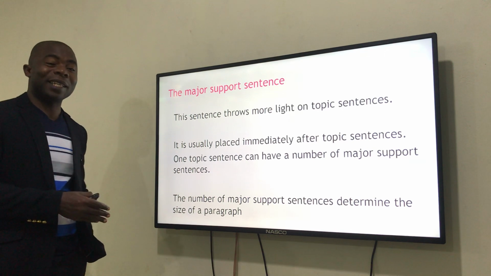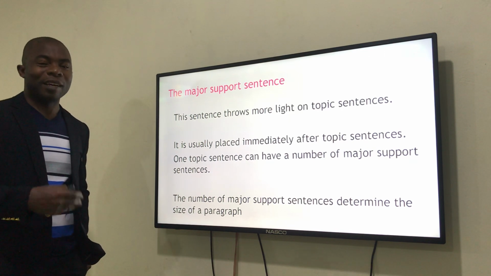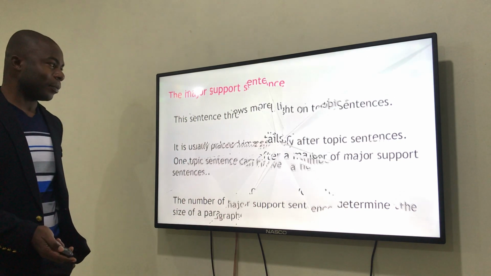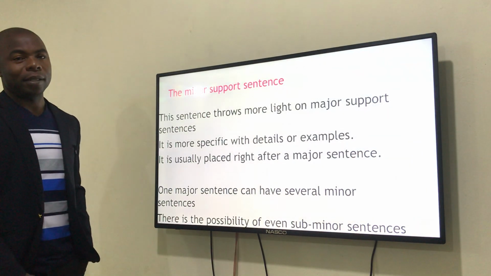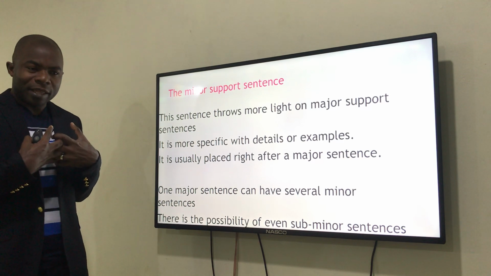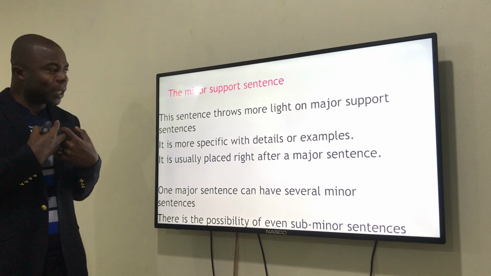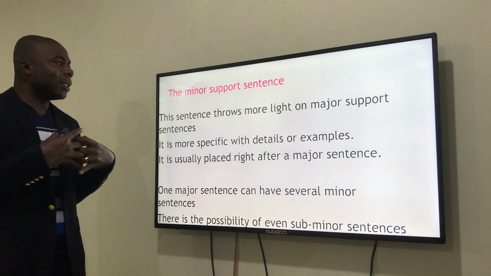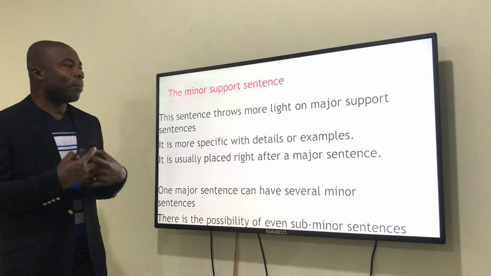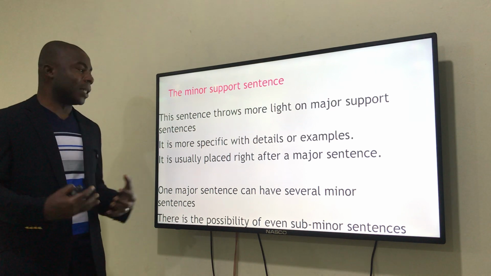If we have a major, there must be a minor. So we have the minor support sentence. So it's kind of a chain. Thesis statement linked with topic sentence linked with major support, and major support links to a minor support sentence.